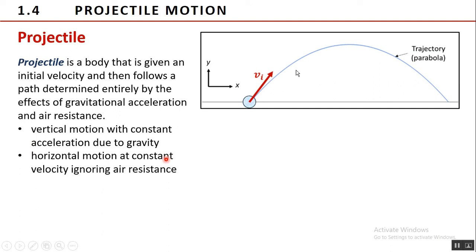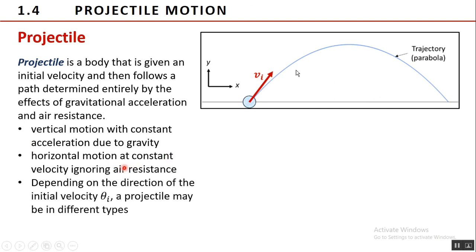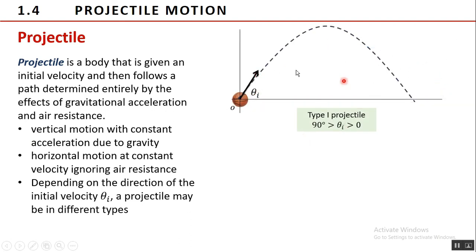The projectile moves horizontally at constant velocity when the effect of air resistance is negligible. With these two assumptions, basically a projectile is a 2-dimensional free fall which has a parabolic trajectory. And when we say trajectory, it is the path followed by a projectile.